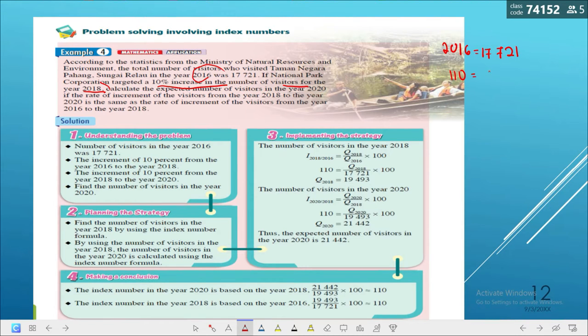We want to find the number of visitors first for 2018, because for 2020 they ask you to use 2018 as the base, but we don't have 2018, so we need to know the number of visitors in 2018 first.